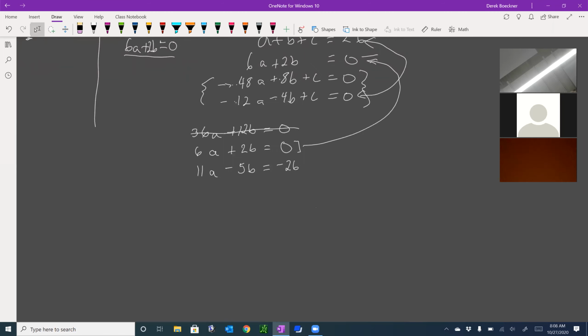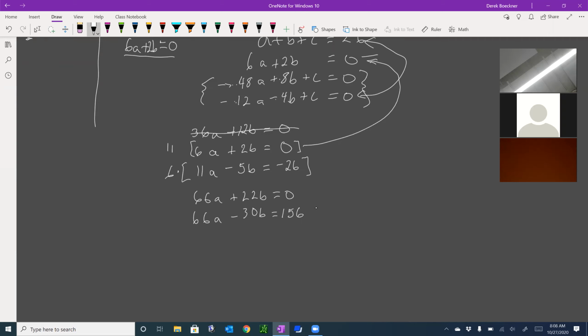Then I now can do a 2 equations, 2 unknowns deal, which is easier. So I'm going to multiply this guy by 6, this guy by 11, and then subtract. So I have 66a plus 22b equals 0. 66a minus 30b equals 156.